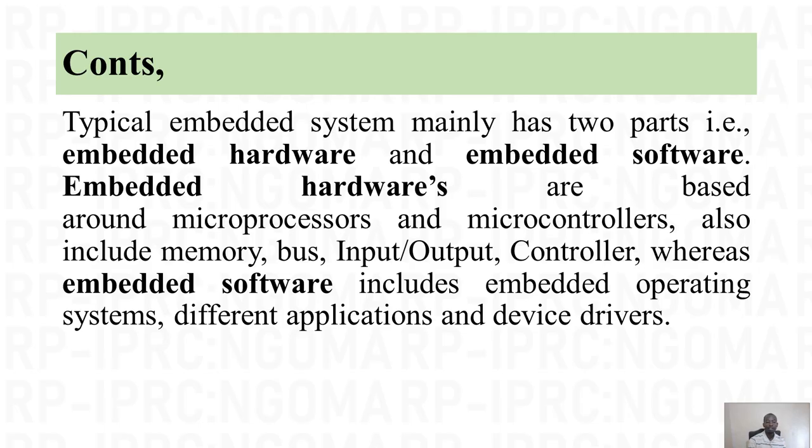Typically, an embedded system has two main parts. Number one, embedded system hardware. Number two, embedded system software.